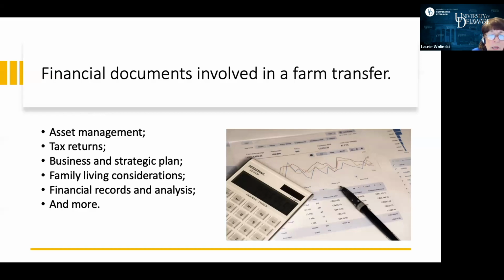So we can get into what type of documents are involved in a farm transfer. There's financial documents, asset management, tax returns, business and strategic planning, family living considerations, financial record analysis, and more.